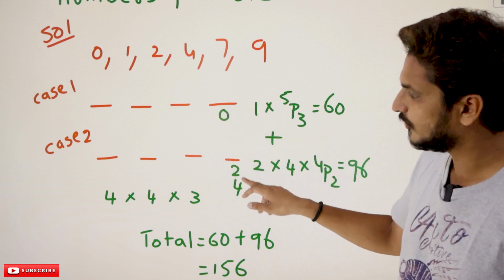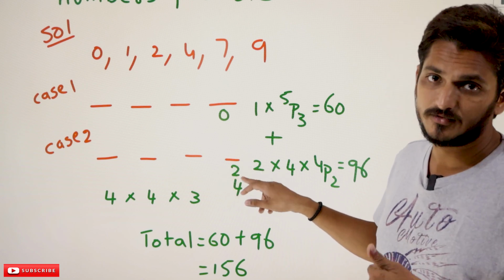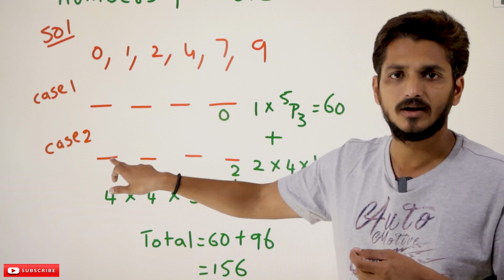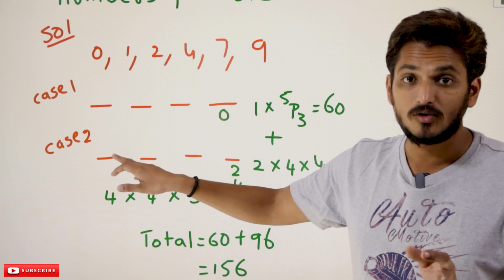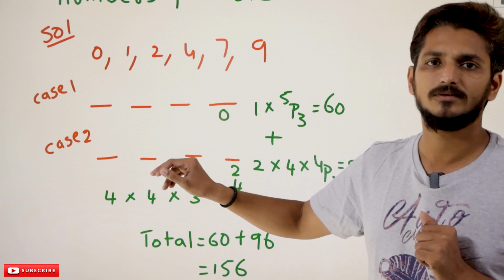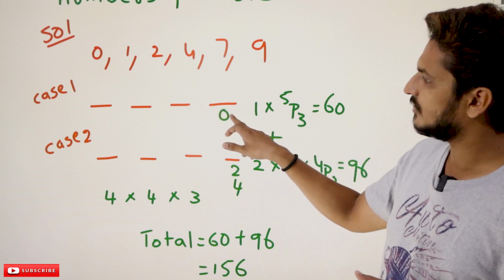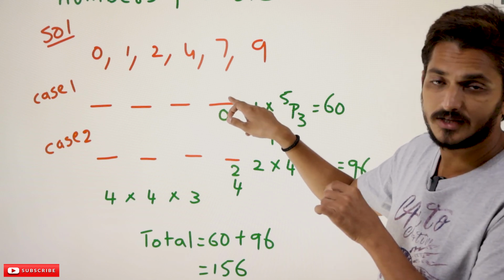Similarly, if you place 2 or 4 here, you have a chance of getting 0 in the first position, because 0 is included in the remaining numbers. Solving it is a different case. That's why 2 different cases have been separated. Placing 0 here, what is the possibility to place 0 in this position?